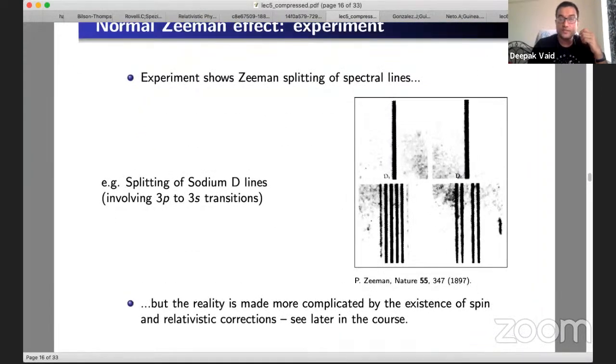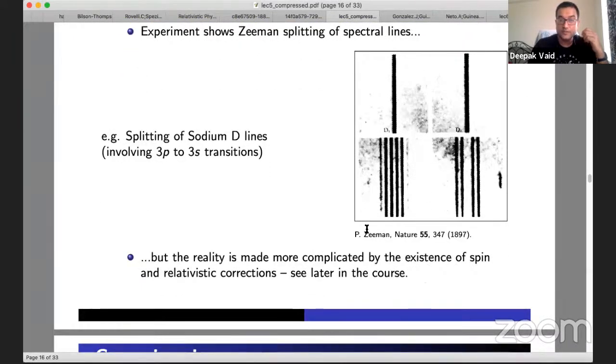So this is the original paper, 1897. So you have 3p and 3s, right? Which one is going to be 3p and which one is going to be 3s? Any ideas?